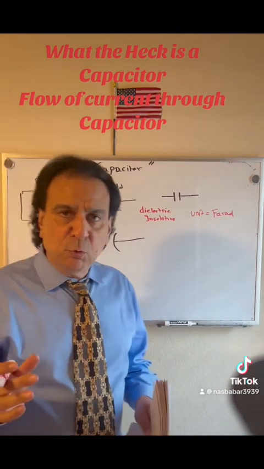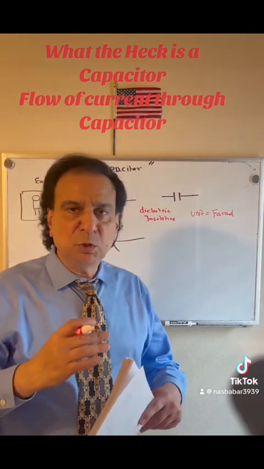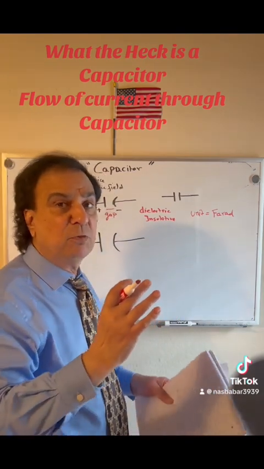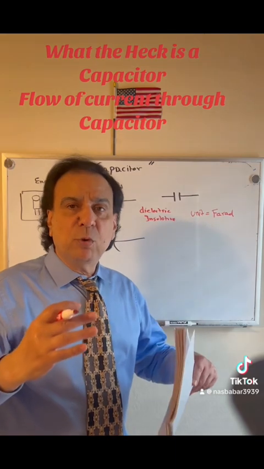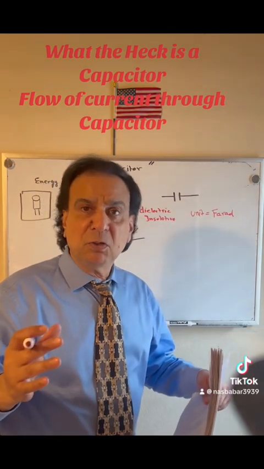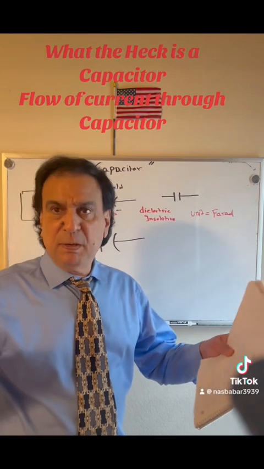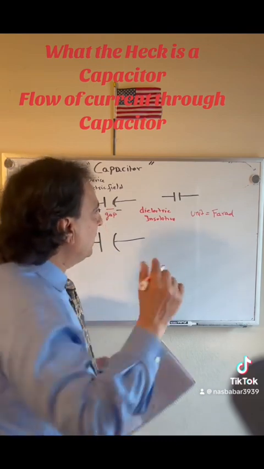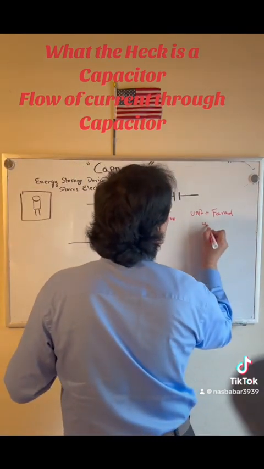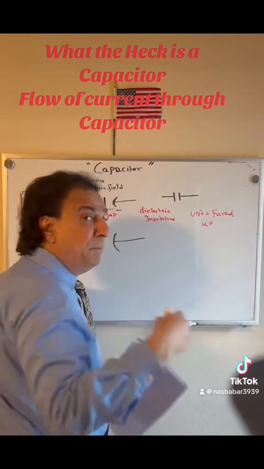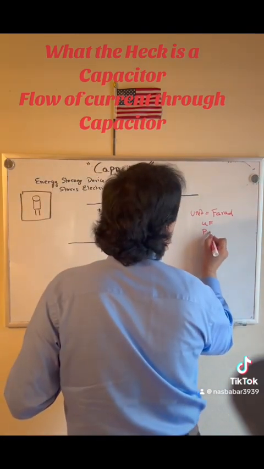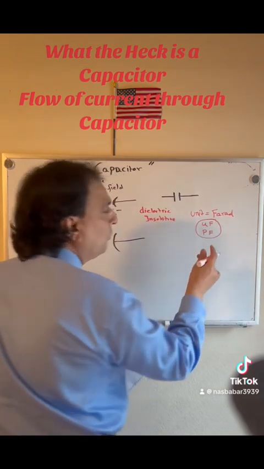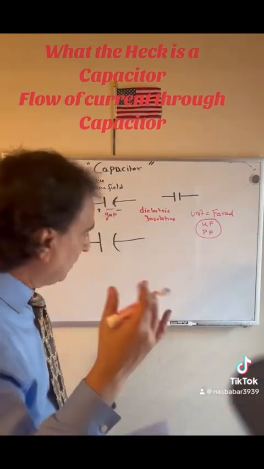But in your circuit boards or electronics, you will never really see a farad, because 20, 30, or 40 farad capacitors are as big as your room, or even some houses. So in electronics it's mostly microfarad or picofarad. These are the most common units used in the world of electronics.